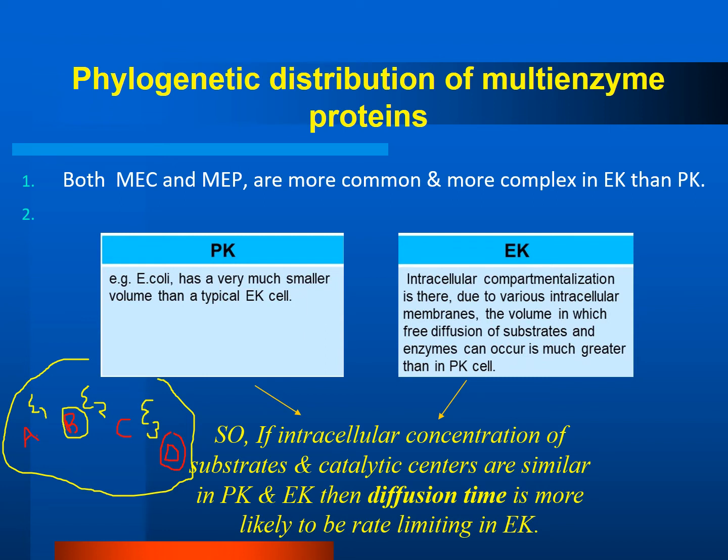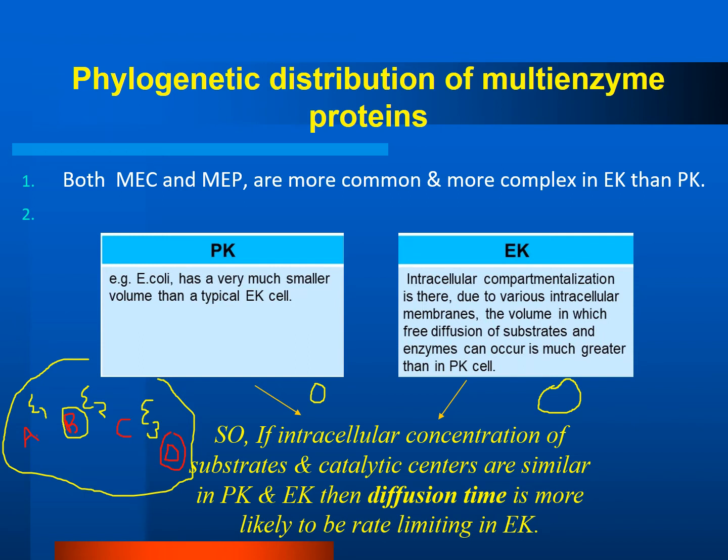So suppose this is your prokaryotic cell and this is your eukaryotic cell. Within the prokaryotic cell, all your catalytic centers E1 to E3 are lying, whereas in the eukaryote also E1 to E3 are lying. But since the volume is larger in eukaryotes, there are chances that your E1, E2 and E3 are not lying in close proximity, and your intermediary substrate has to travel more in order to access their respective catalytic centers.